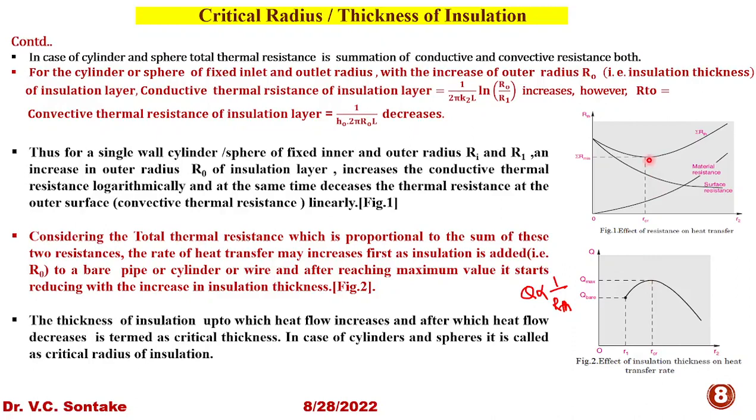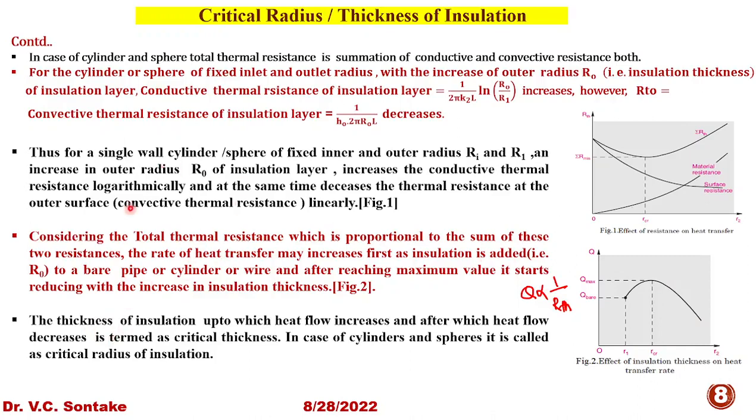Beyond this radius of insulation, thermal resistance increases, so heat transfer rate decreases. So this is the critical point, or the critical radius of insulation, at which the heat transfer rate is maximum. Below this, heat transfer rate is increasing, and beyond this, heat transfer rate is decreasing.